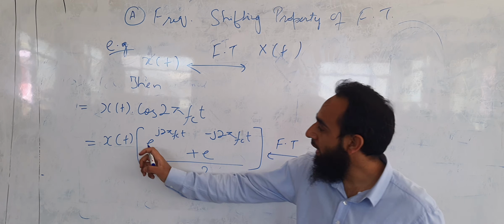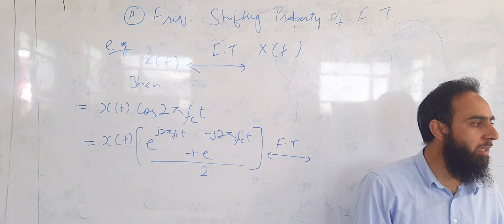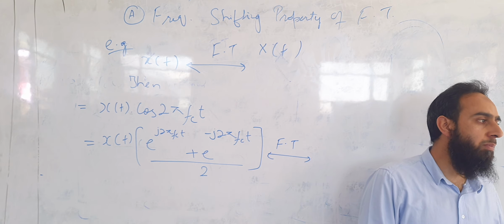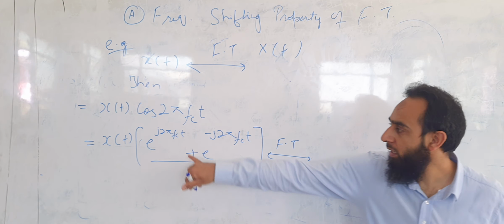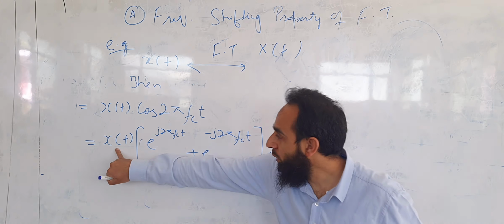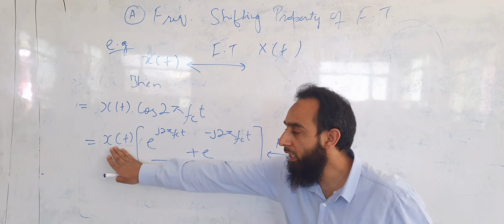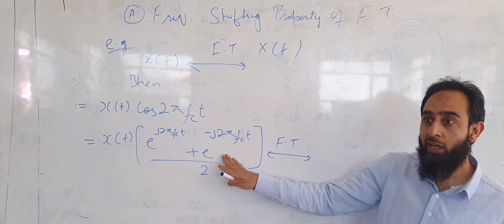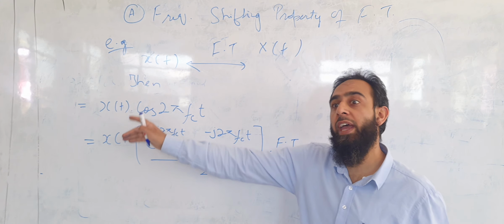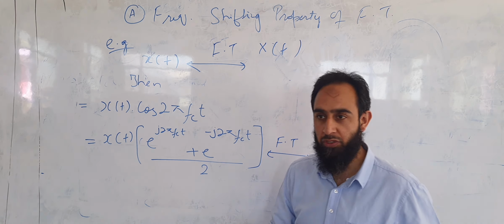before this we had 1 multiplied, right? With 1 multiplied, the transform of 1 was shifted by this exponential. But now x of t is multiplied here and here also. Therefore, the Fourier transform of x of t will be shifted by this exponential.